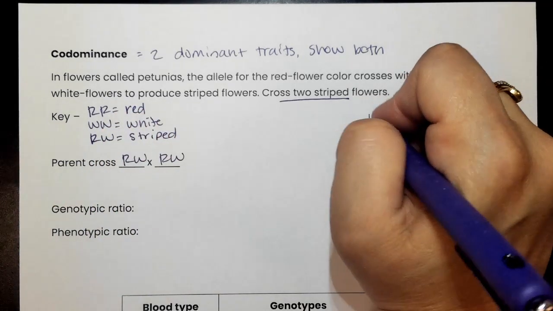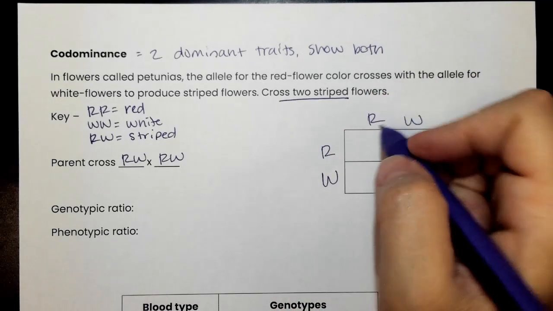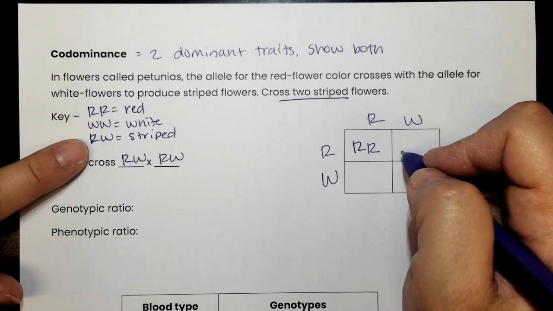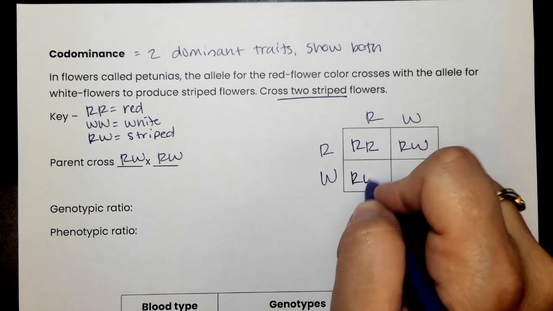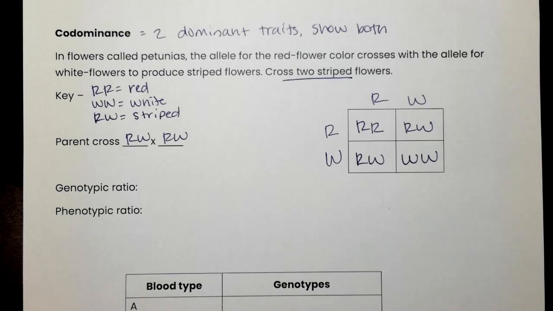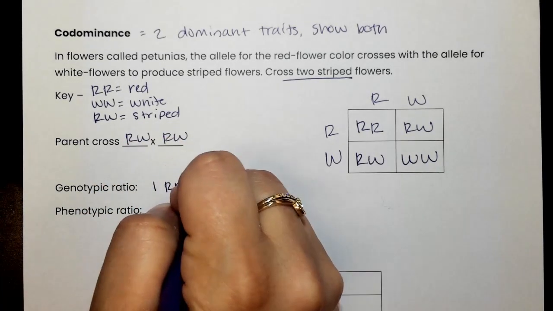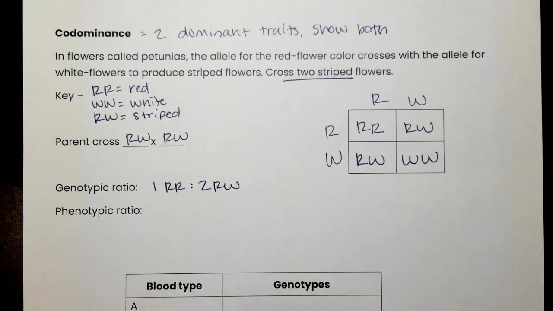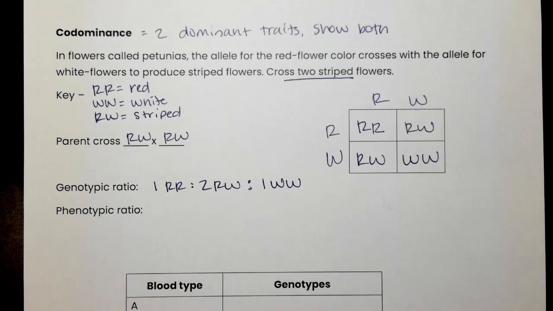Okay, so I'm going to go ahead and put those on my squares over here. And again, I just fill it in like a grid. So big R. Since I used R first here, I'm going to keep that consistent. So I have RW, RW, and WW. So my genotypic ratio, I'm just going to list what I have. So I have 1 big R, 2 big R, big W, and 1 WW.